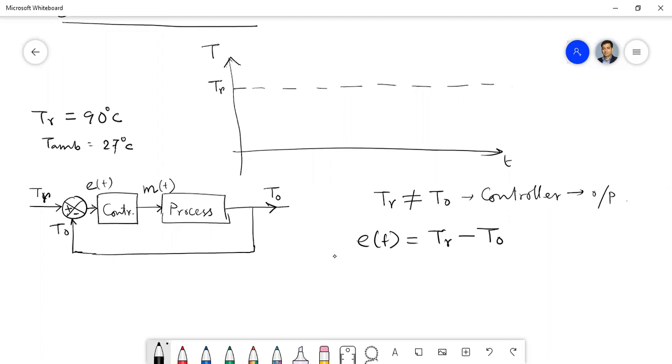Now initially that value is 63. If the value is 63, what will be the output of the controller? Controller will be full on. My logic is, if it is positive and a very high value, the controller will be on.